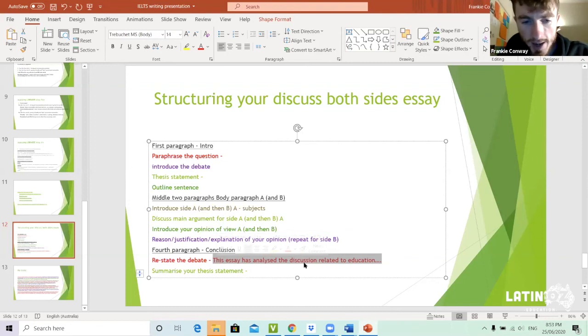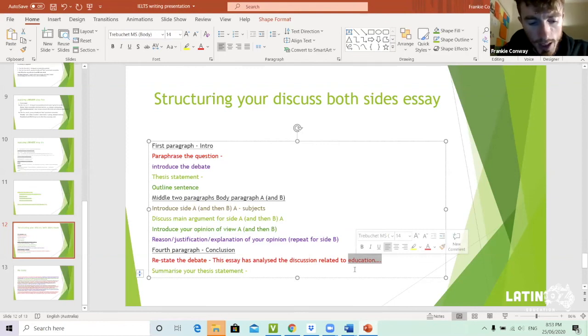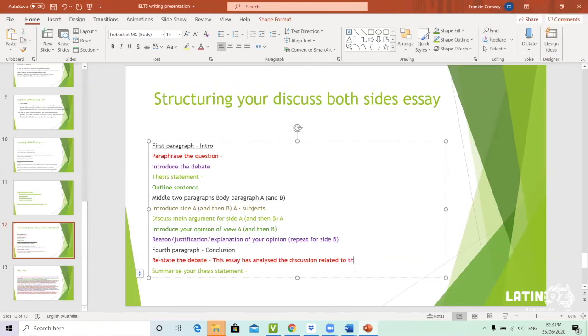So you could say, this essay has analyzed the discussion related to how, or the role. Something similar. I wrote, this essay has presented two views, whether academic training or experience will guarantee a good job. Even though experience is extremely important while developing a role, the academic training is essential to start this process. I wrote something like that.